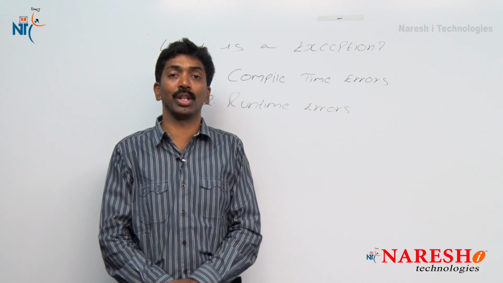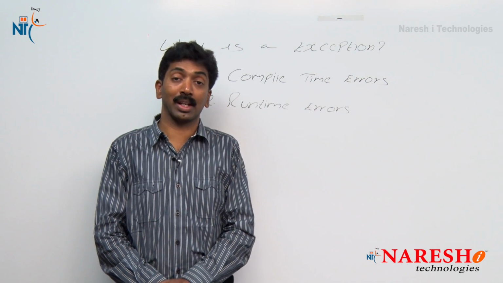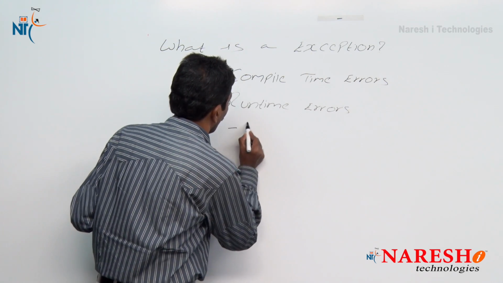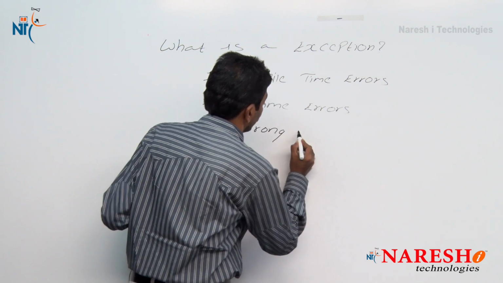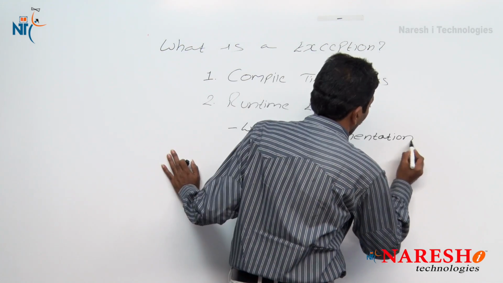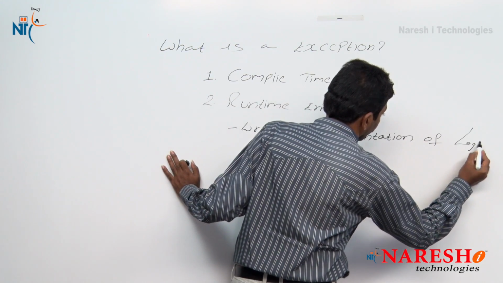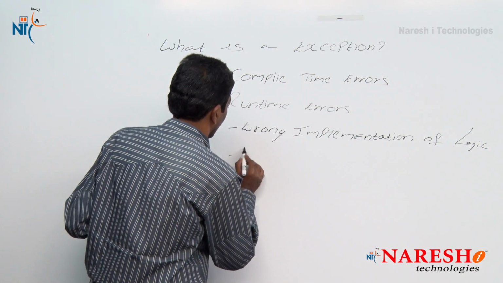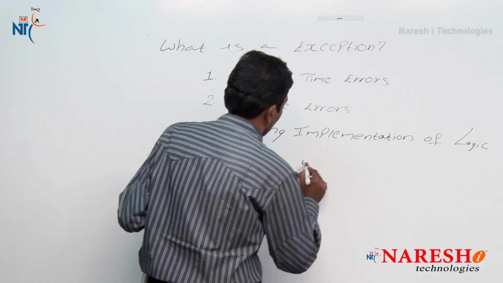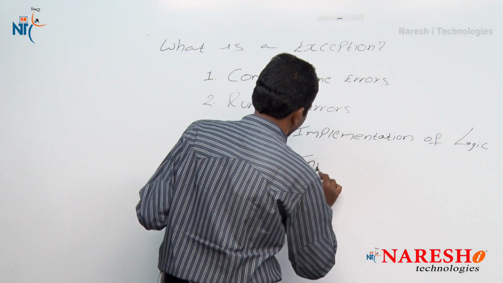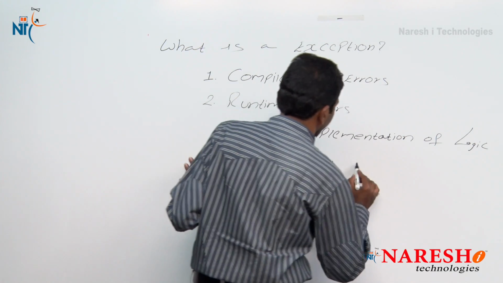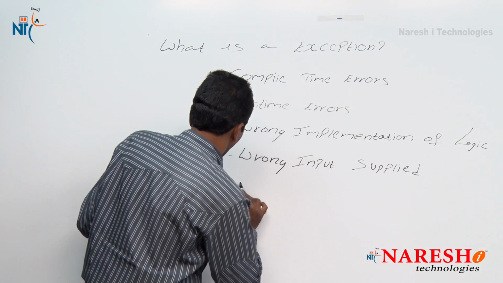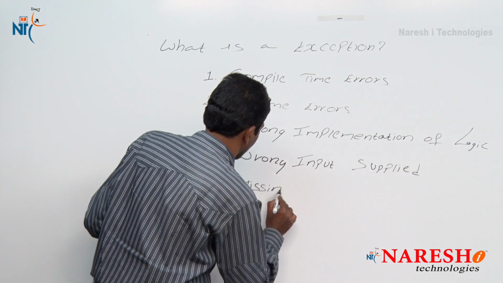There are lots of reasons why we get runtime errors. Runtime errors can occur in your code due to various reasons, like wrong implementation of logic, wrong inputs supplied, missing required resources.